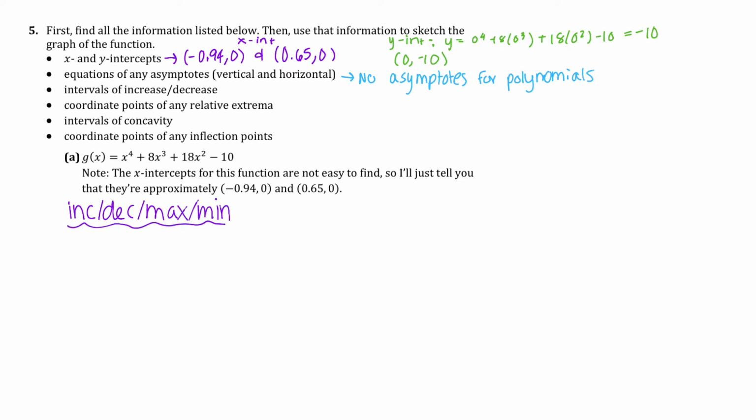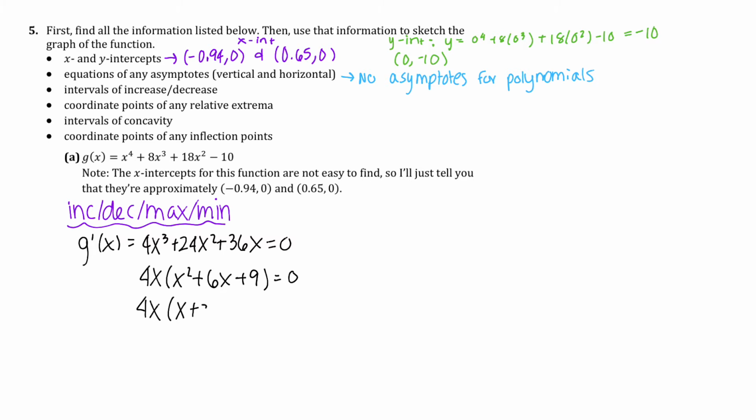So here we're going for that first derivative, g prime of x equals 4x cubed plus 24x squared plus 36x. Set that equal to 0. I can factor out a 4x here, and I get x squared plus 6x plus 9 equal to 0.